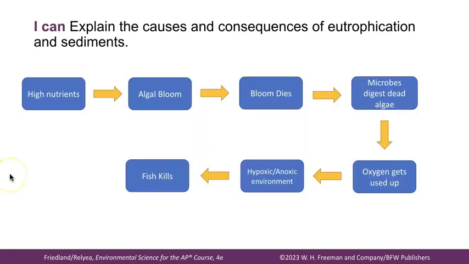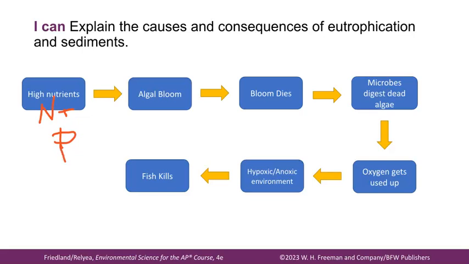All right, so here's what happens with eutrophication. Write this down on your study guide. High nutrients, nitrogen and phosphorus primarily. So you should write N and P, so you don't forget nitrogen and phosphorus. Cause an algal bloom. That's a P, not a D. Here we go.